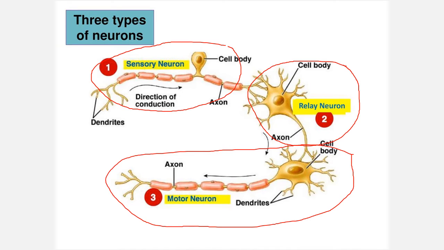Make sure you can differentiate, make sure you know how to identify which one is sensory neuron, relay neuron, and motor neuron. Ketiga-tiga neuron ini mempunyai rupa yang berbeza.